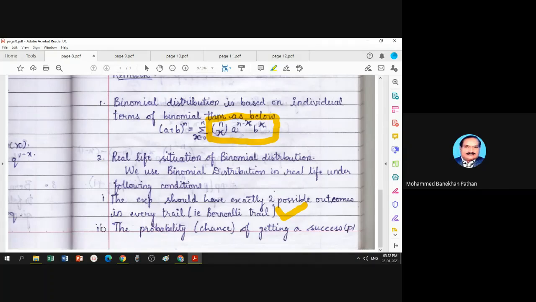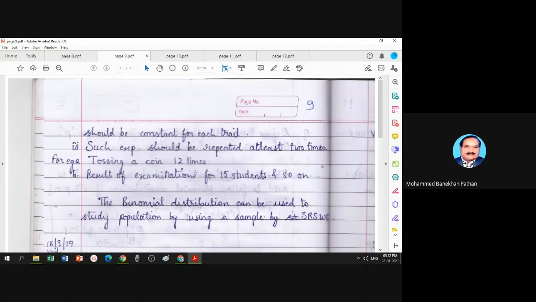What does condition number 2 say? The chance, the probability of getting a success, denoted by small p, remains constant for all subsequent trials. That is condition 2. Condition 3, such an experiment should be repeated at least 2 times.